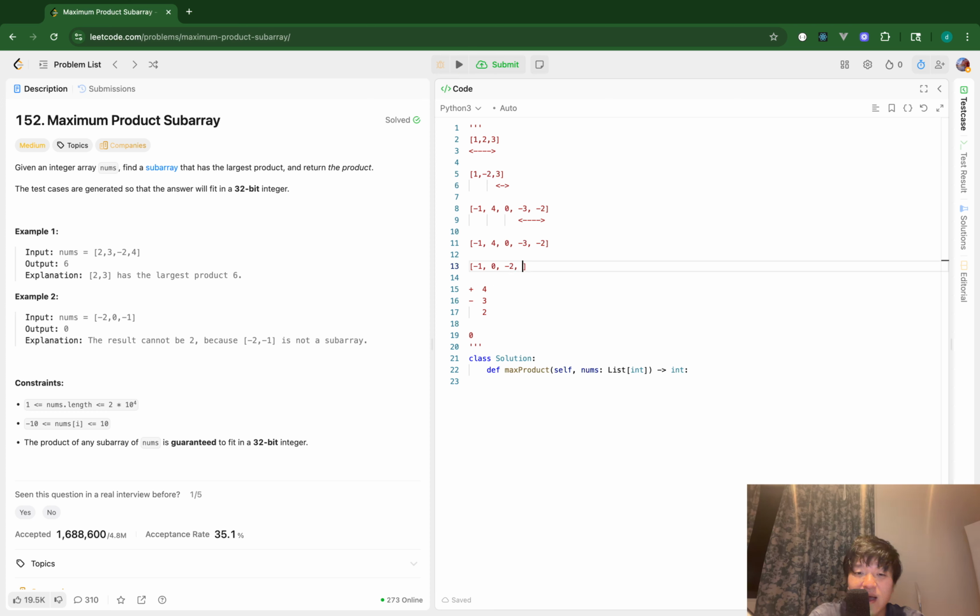So that being said, what I'm thinking right now is I will split the array into subsections, excluding 0.